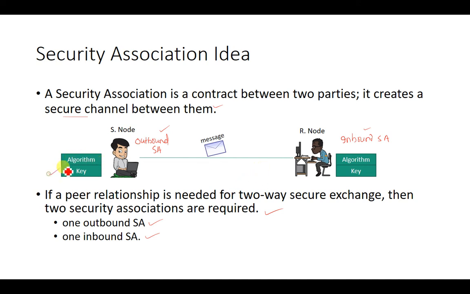So two things are needed, one is the key and the other is the algorithm. The S node uses the algorithm and the key to encrypt a message, and when the message has arrived at the R node, the R node uses the algorithm and the key to decrypt the message. This is how two-way communication is possible in a security association.